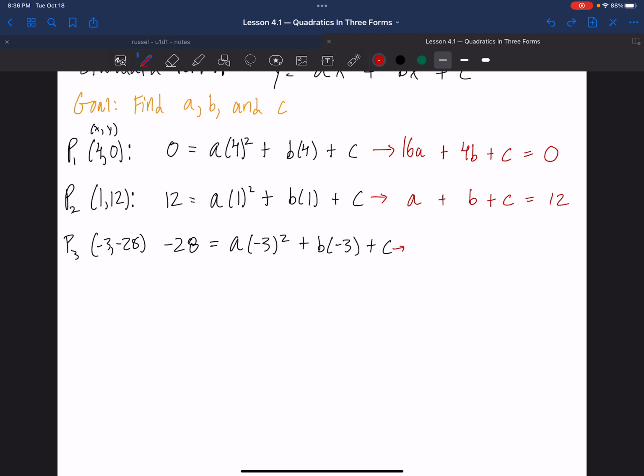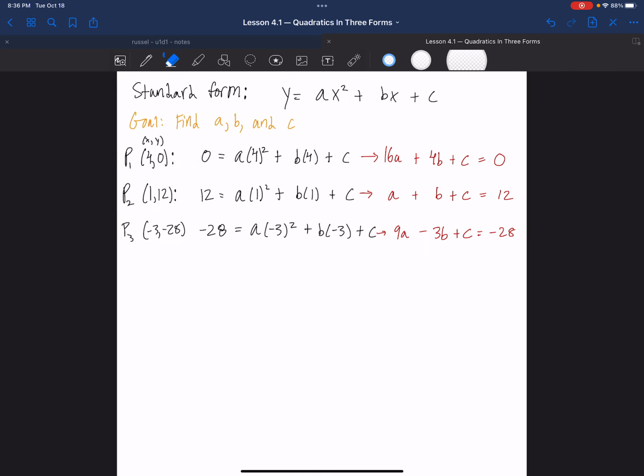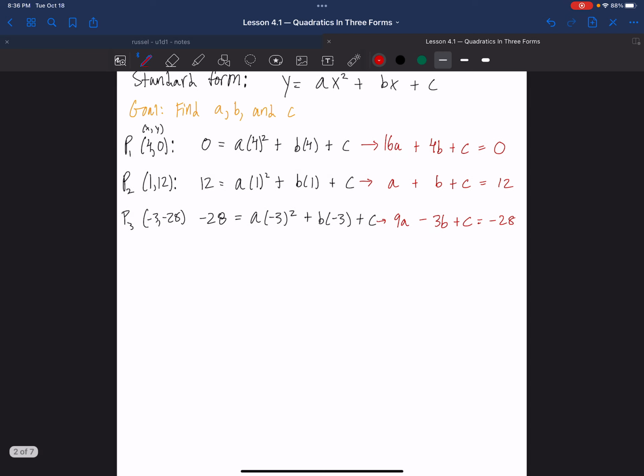That's like negative 3 times negative 3, which is positive 9. Careful there. Positive 9a minus 3b plus c equals negative 28. And so I erase all that, and I've got a system. This is a system of equations.